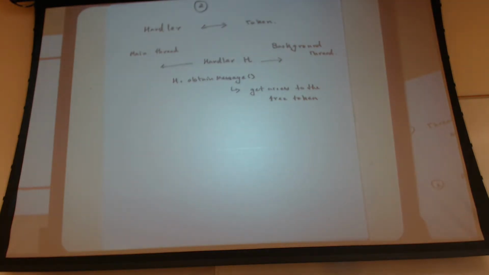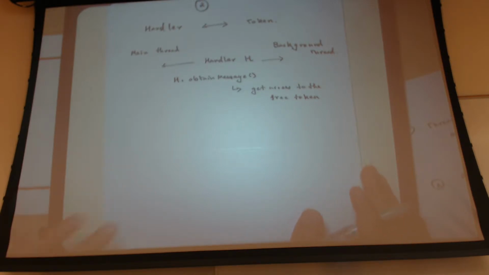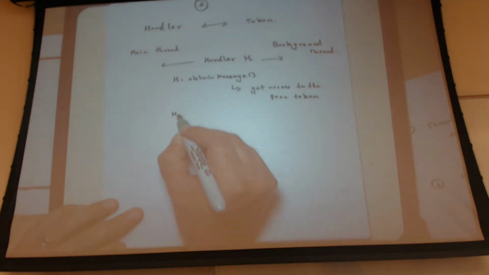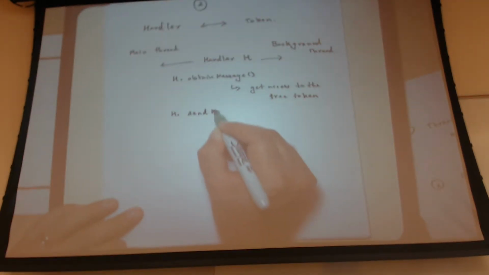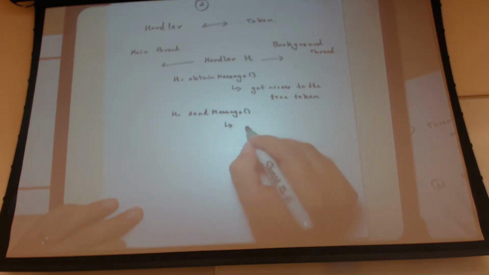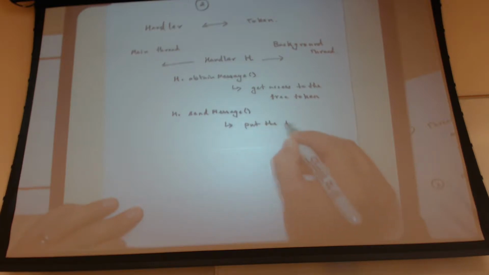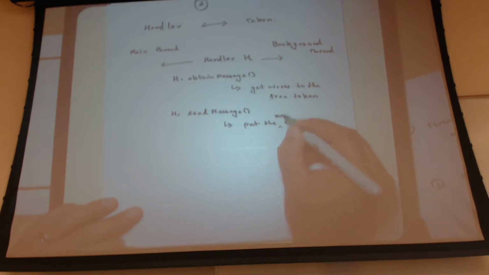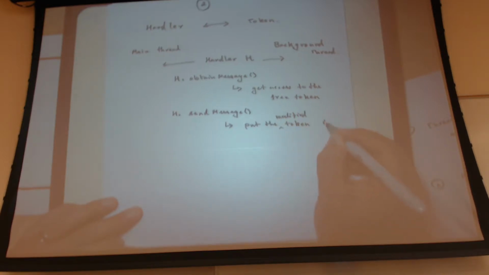If the token is free, which means no other thread is using this token, then you can do h.obtainMessage to get access to the token. Then you do some modifications, you add a new message to this token. How you do that, you will see a little bit later. But then the other function that you have is h.sendMessage. This is used to put the modified token into the message queue.